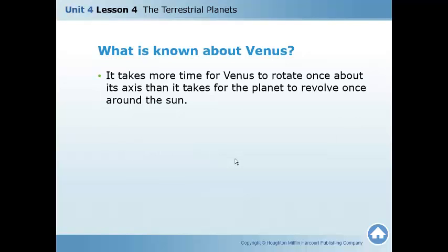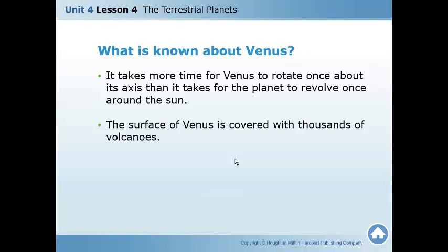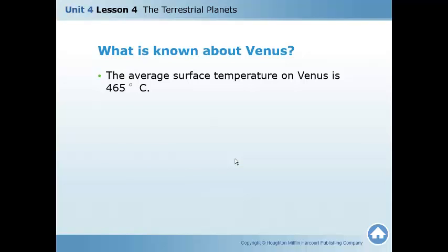It takes more time for Venus to rotate once about its axis than it takes for the planet to revolve once around the Sun. So its year is shorter than its day. That is what that's saying. The surface of Venus is covered with thousands of volcanoes, a very harsh surface, and so it has many craters.